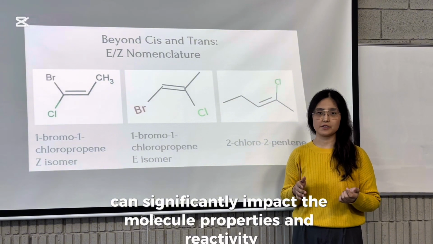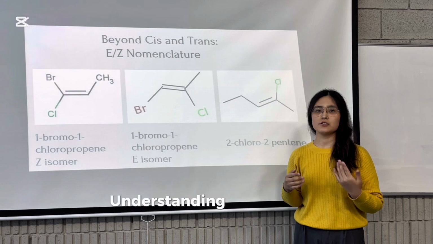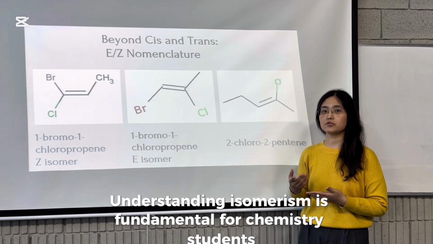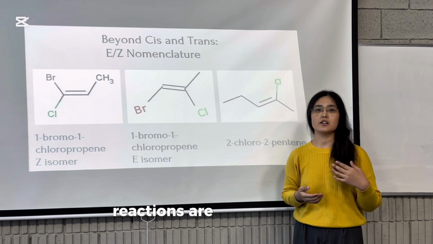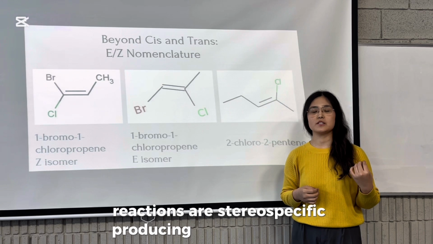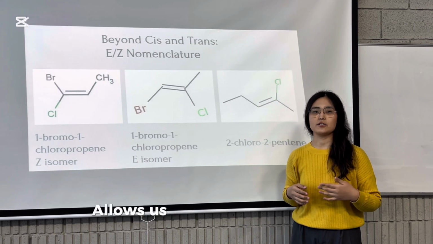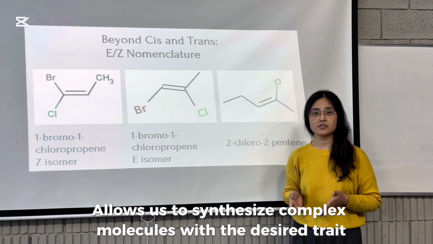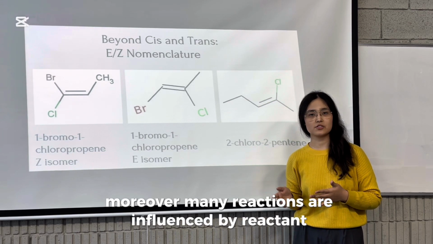and reactivity. Why does this matter for chemistry students? Understanding isomerism is fundamental for chemistry students in organic synthesis, where reactions are specific, producing a specific isomer. Controlling stereochemistry allows us to synthesize complex molecules with the desired traits. Moreover, many reactions are influenced by reactant stereochemistry.